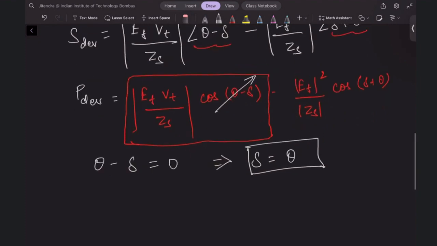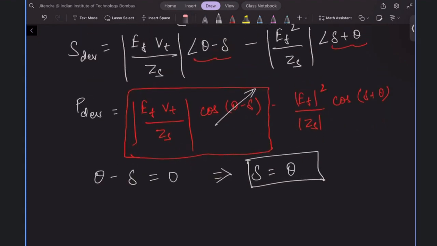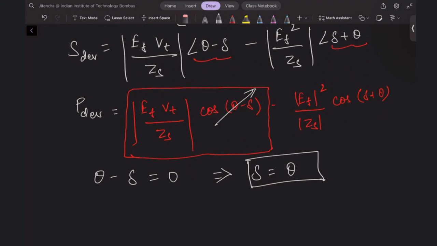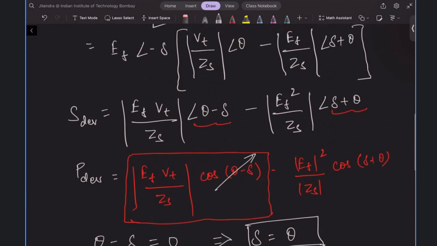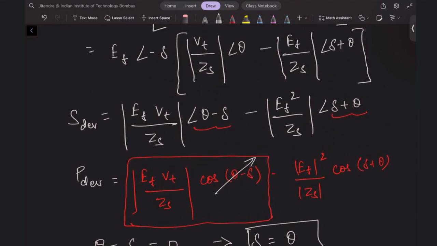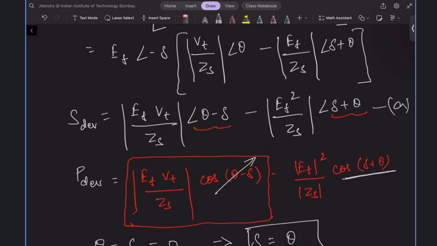Sir, yes, go ahead. This delta will get cancelled in the second line. In the second line, delta will get cancelled because EF has minus delta angle. In which expression?